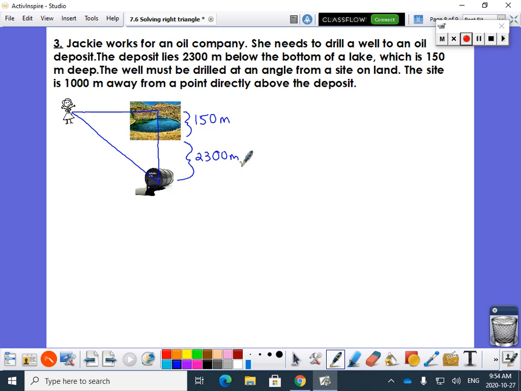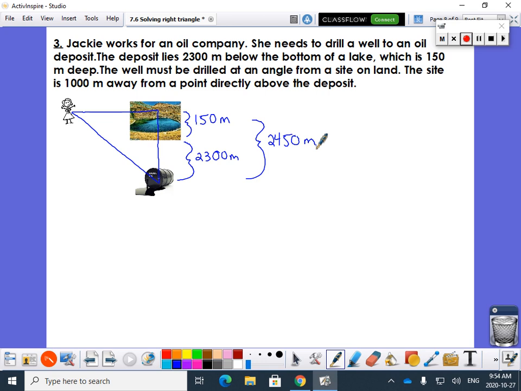So what do you think you should do in order to get the full length of this side? Add them together. If you were to add these guys together, 2,450. So really, we've just taken care of the extra step.